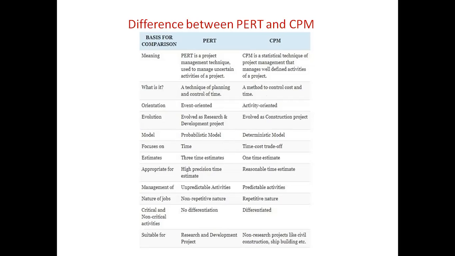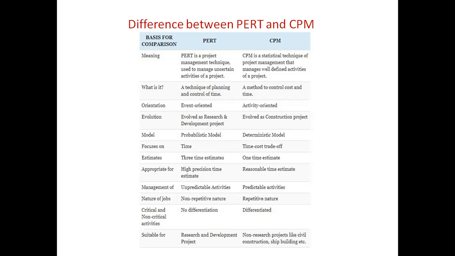The evolution of PERT has been due to research and development projects. The PERT technique was developed for research and development projects, because these projects are done on a trial basis, and many trials and many researches take place to conclude at a final solution.